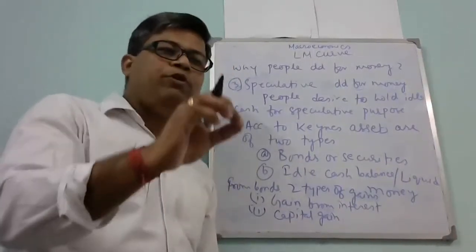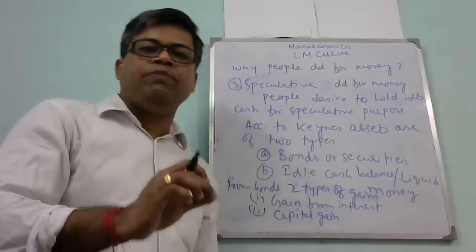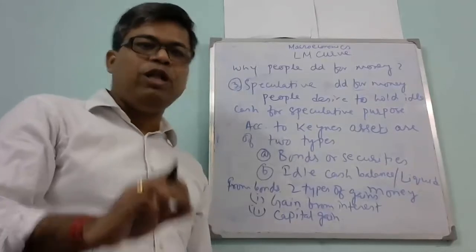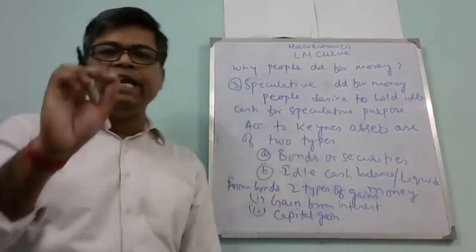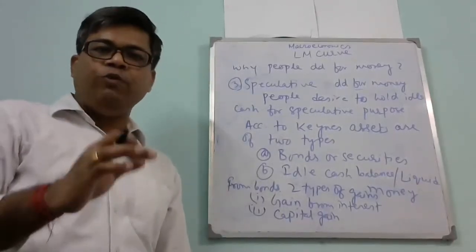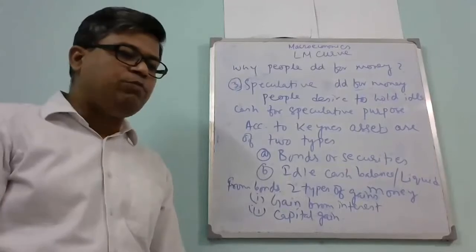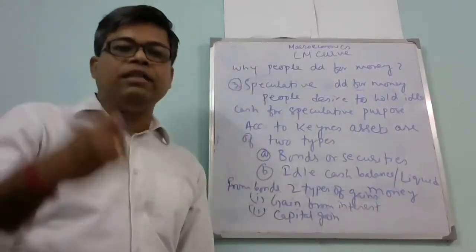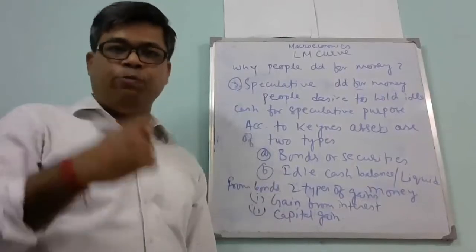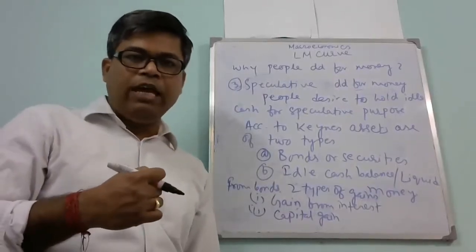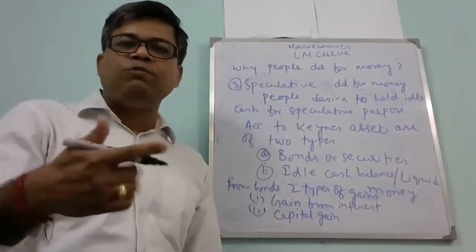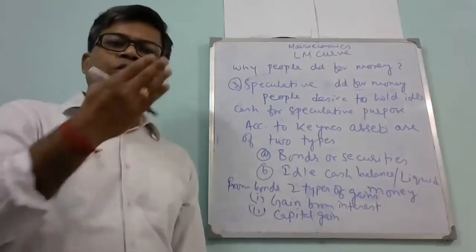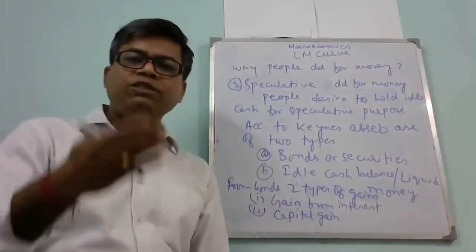Suppose at the time when an investor purchased the bond, the price of the bond was 10 rupees. But now when he is selling, the price of the bond becomes 15 rupees.